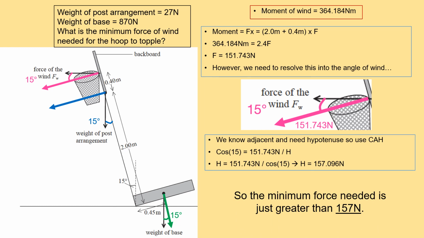So the minimum force needed is just greater than 157 newtons. Now, if you justify that in your answer, you can say therefore it just needs to be 157.1 or greater, that's going to give you the mark. So there you go.